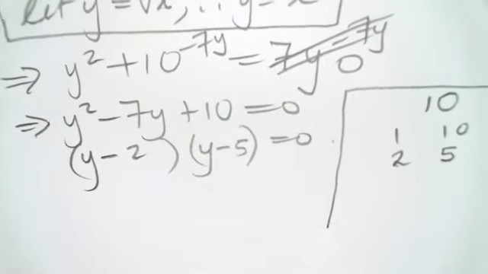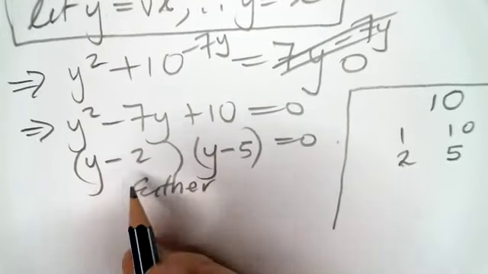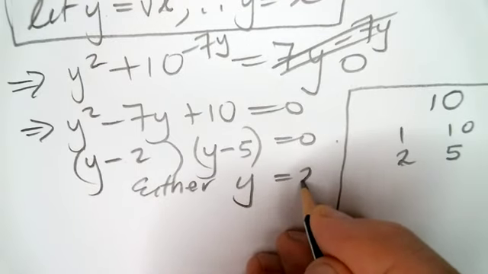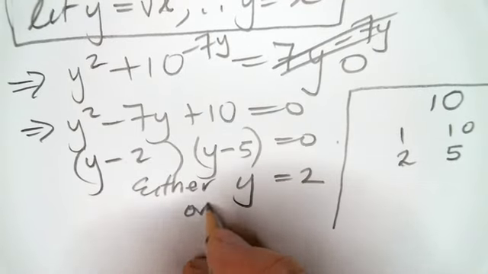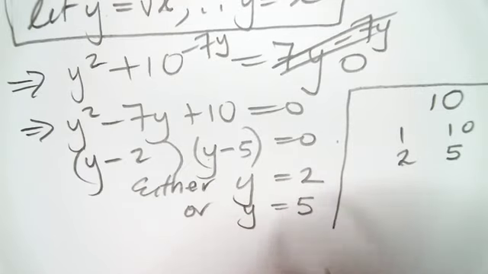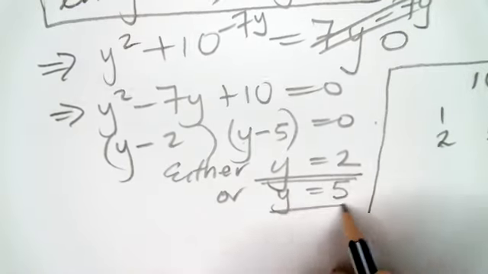So that works out well. So either y minus 2 is 0, so therefore y is equal to 2, or y minus 5 is 0, so y must equal 5. So I'm going to test these two things here.